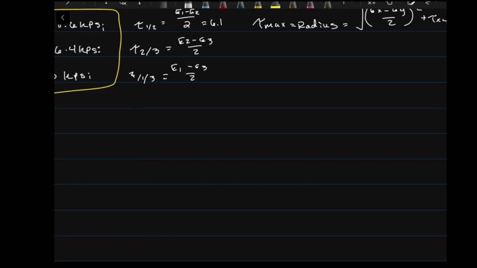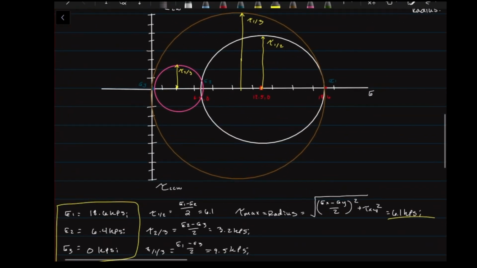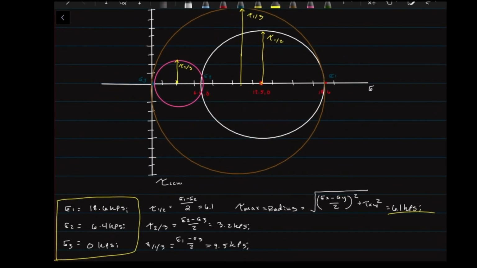And plugging those in, you should be getting 3.2 kpsi and 9.5. Now, look at your values, look at what you've beautifully calculated, and make sure that makes sense. Let's check. Tau 1,3 is our biggest radius, so it's our biggest value at 9.5 kpsi.